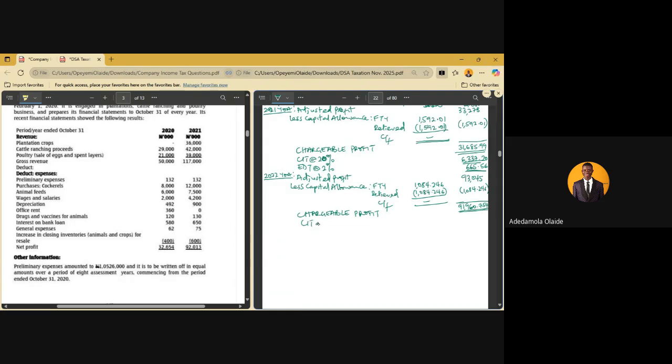CIT at 30% because the turnover was above 100 million, and that will give us how much? EBT at 2%.